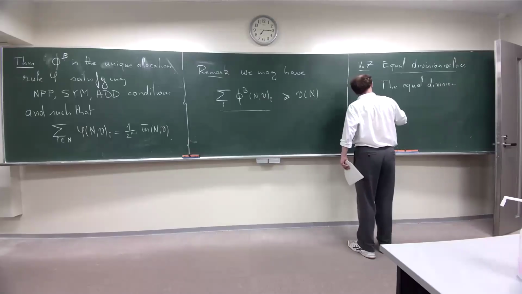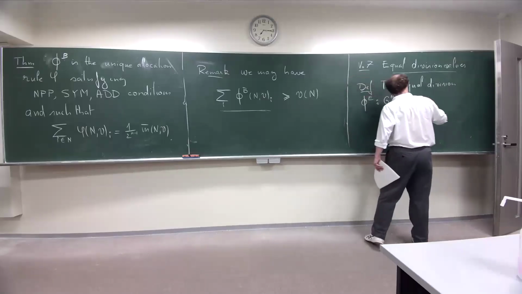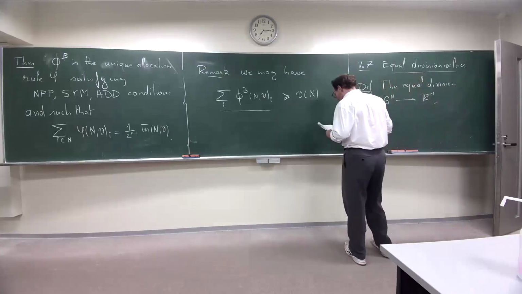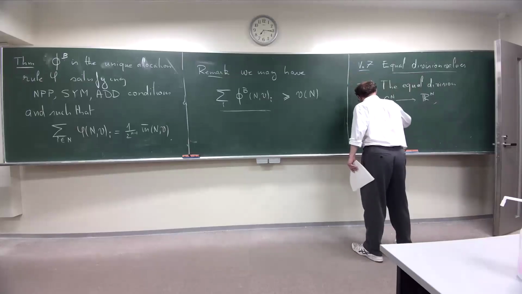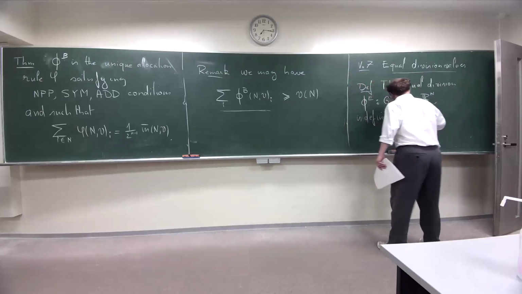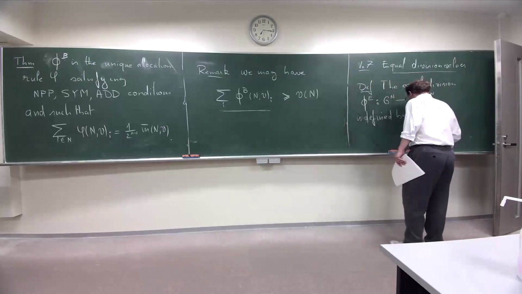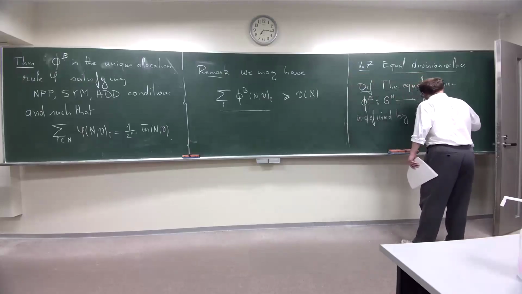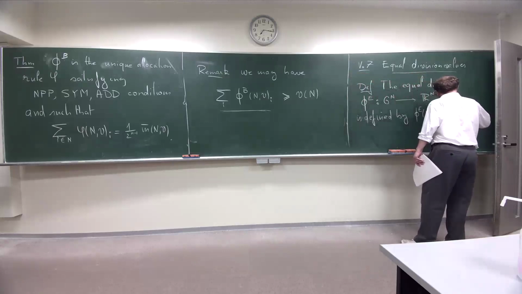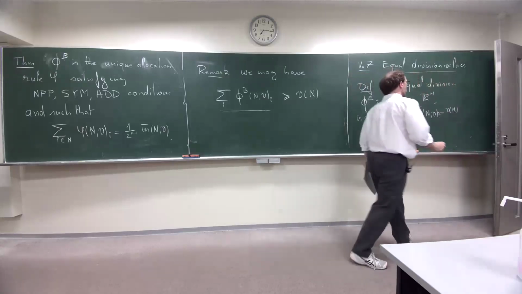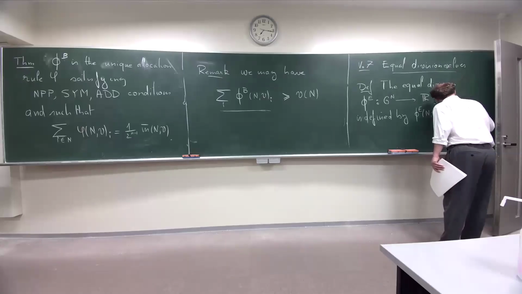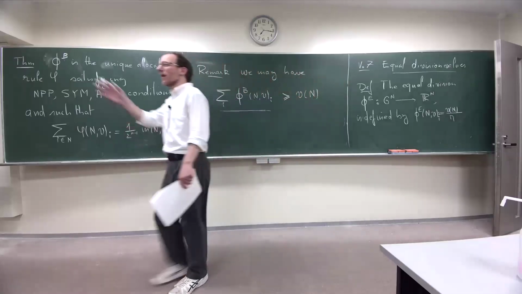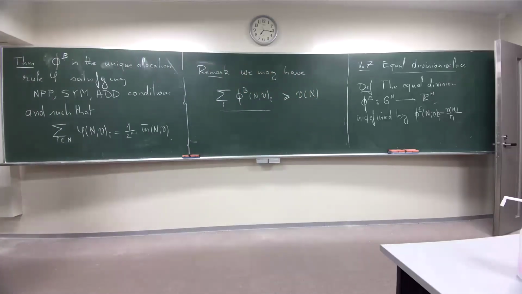Phi E from the set of all games to R n is defined by: phi E for the game NV is, by definition, you take the worth of the grand coalition, you divide it by n, the number of players, and you give one part, the same part, to everybody.